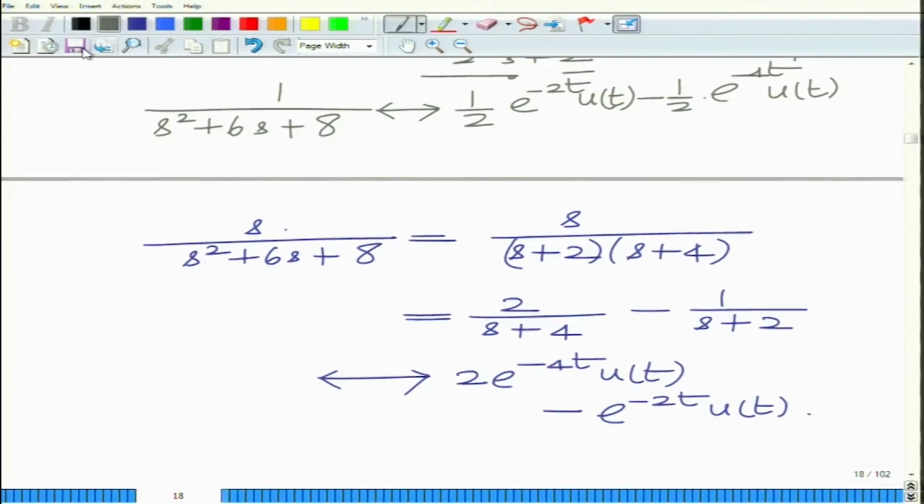Okay. But now, we remember we still have the factor e raised to minus 2s.